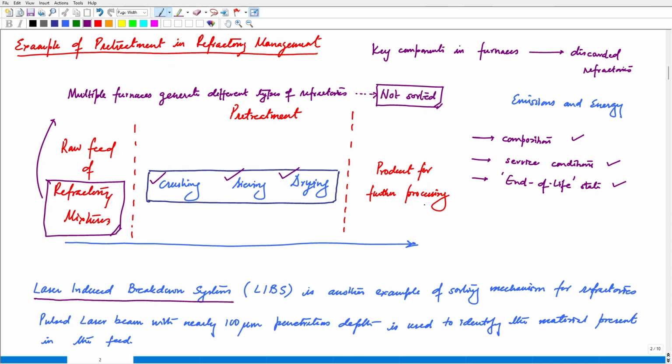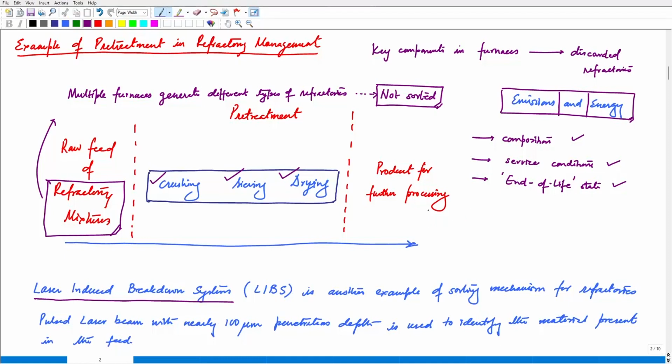It is essential to note that all of these processes involve the emission of various dust products, and of course, these consume energy. So, apart from emissions, we have energy consumption as well, and all of these steps are done to recover valuable materials from the refractories.